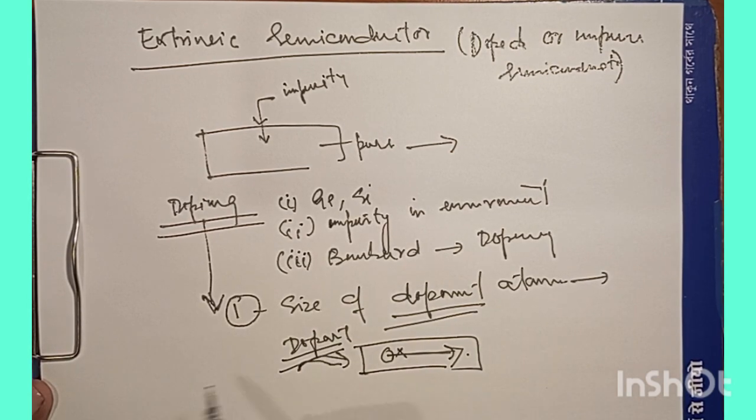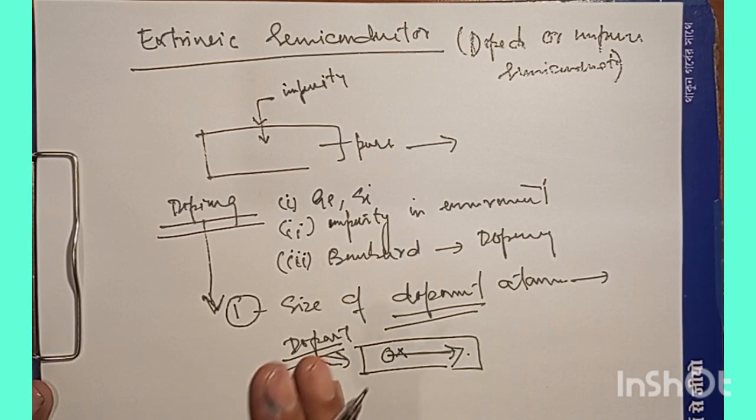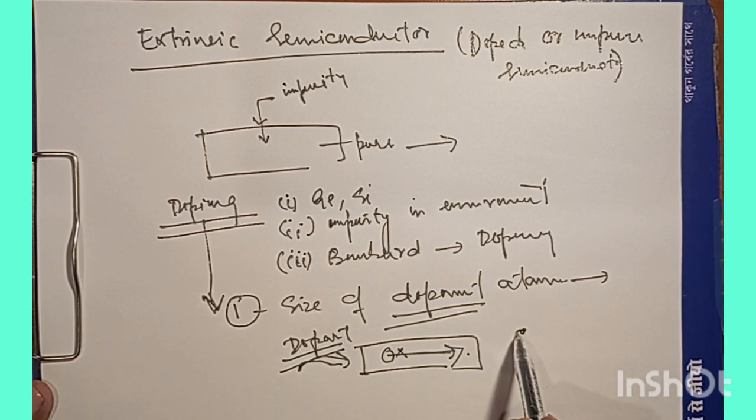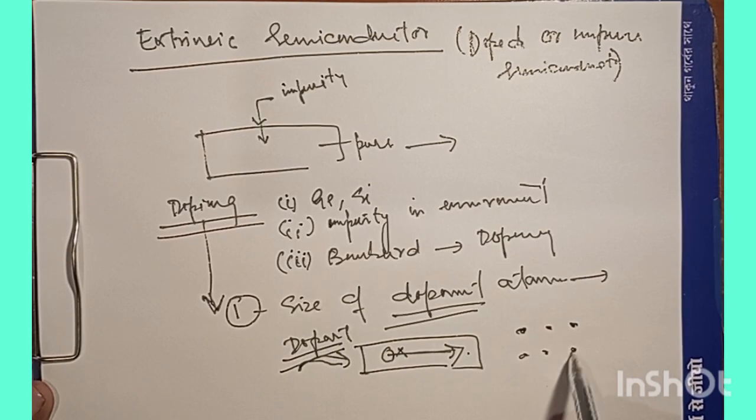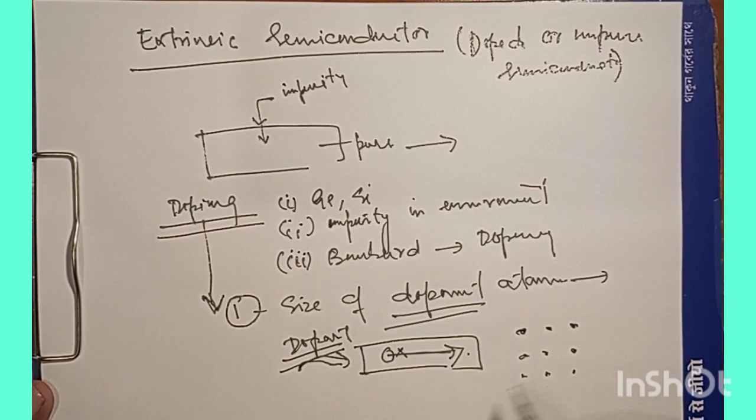There are necessary points to be considered while making doping possible for these semiconductors. The addition of impurity atoms in the intrinsic semiconductors should not change the basic structure of the crystal lattice. So suppose we have a dopant, and this dopant will replace an atom. It's not going to change the phase or the basis of the system.